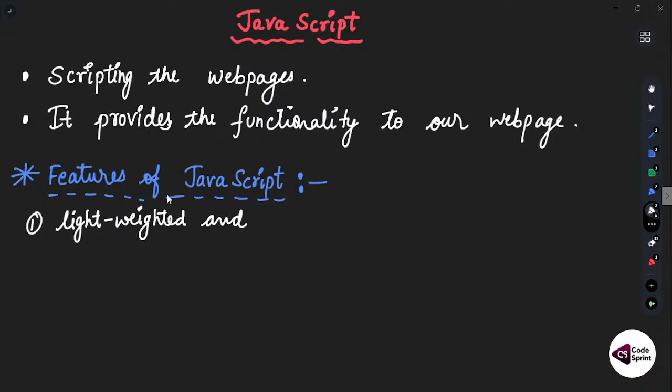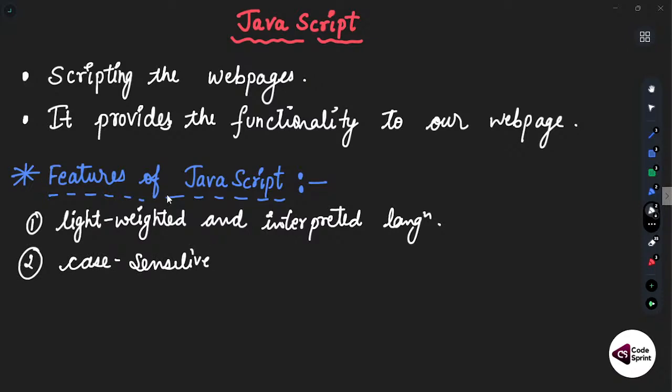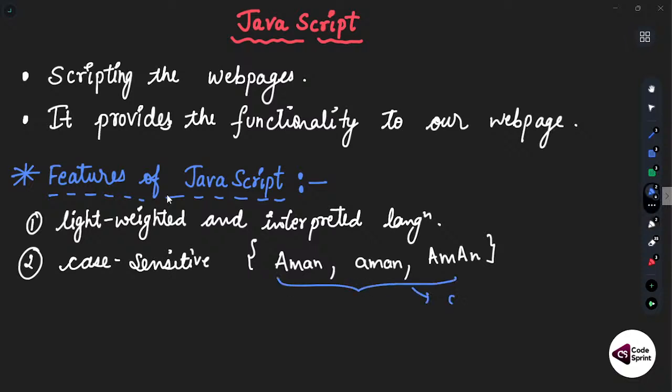That means if I write aman, aman, and this aman, all are treated as different. Okay, these all are going to be treated as different in JavaScript.